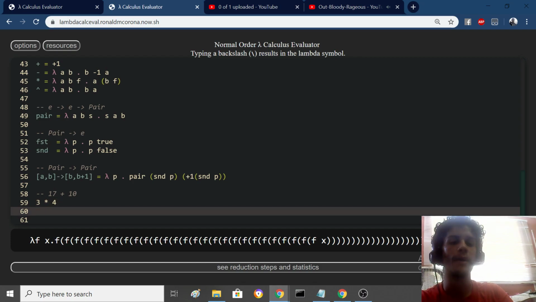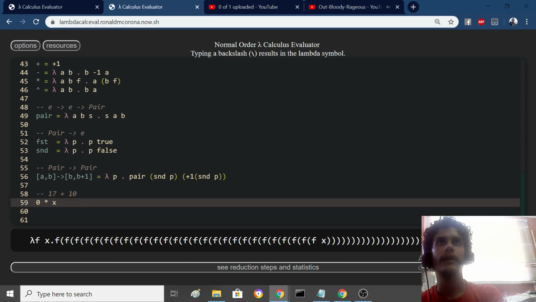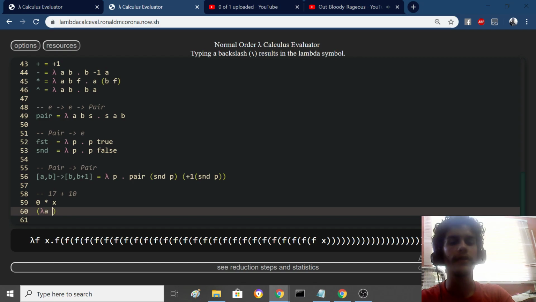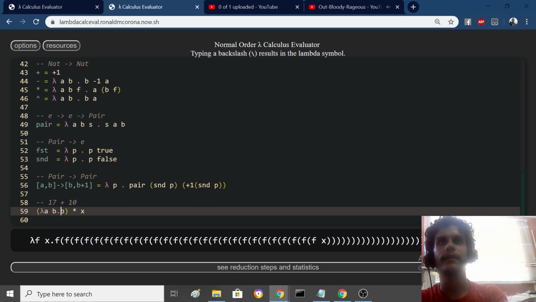You just have to think about a simpler multiplication: 0 times anything, 0 times x. What's going to happen? Well, you already know 0 is a function that takes 2 things and returns the second thing. We're going to be applying that to the star and then to the x, and when you do that, it's just going to give you the x.